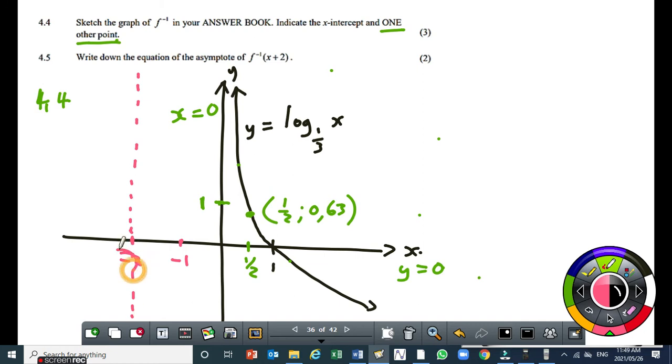It's going to get close to -2. A point which is close to the y-axis, if you move it by 2 units to the left, it will move 1 unit close to -1, a second unit close to -2, which means our asymptote will be at x equals -2.